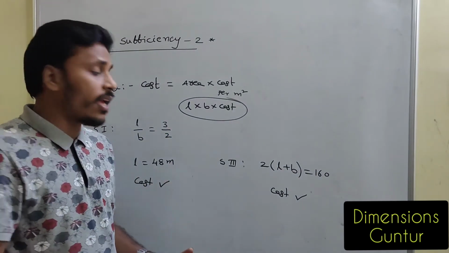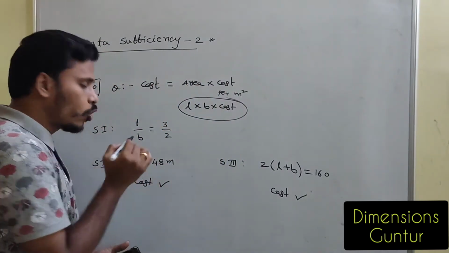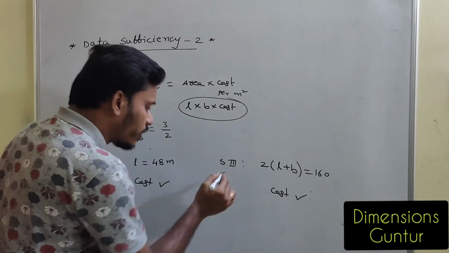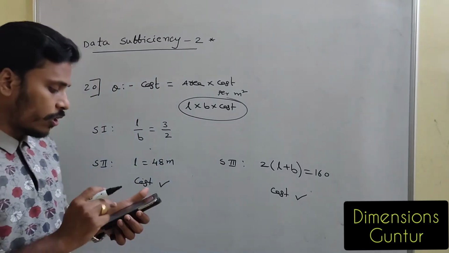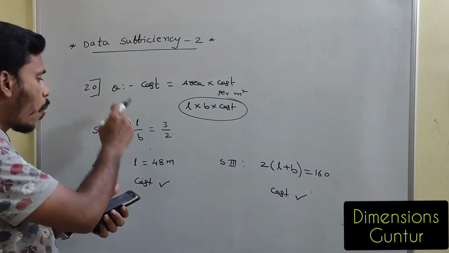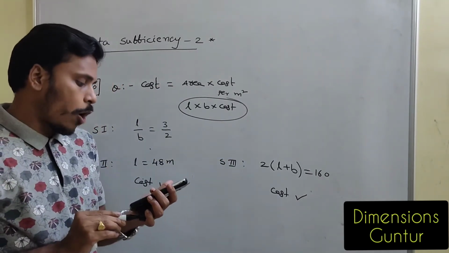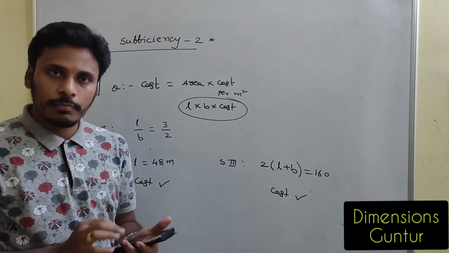From there, area into cost will give us the answer. So 1 and 2, or 1 and 3, you need to choose to answer the question. So the sufficient statements are 1 and either 2 or 3. Your answer is option D for this 20th problem.